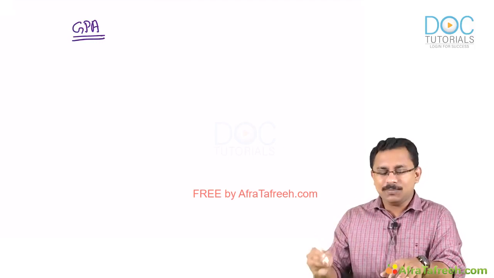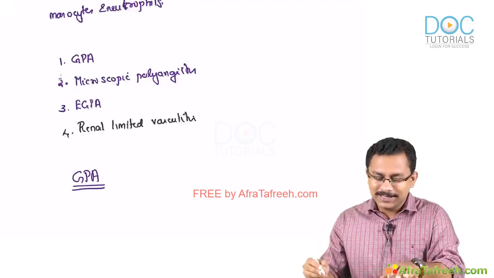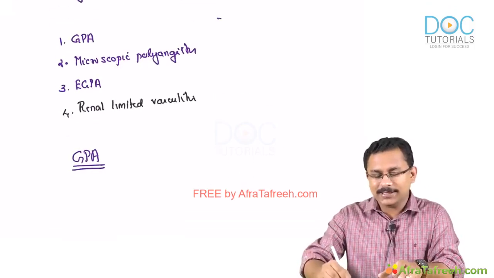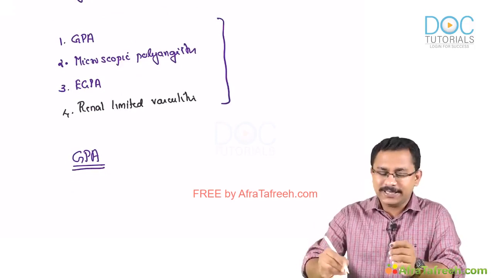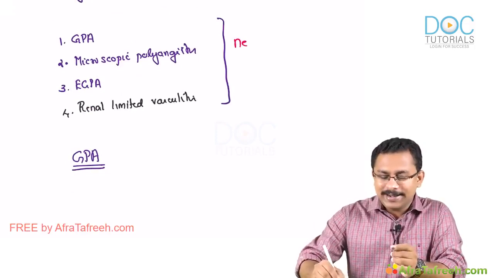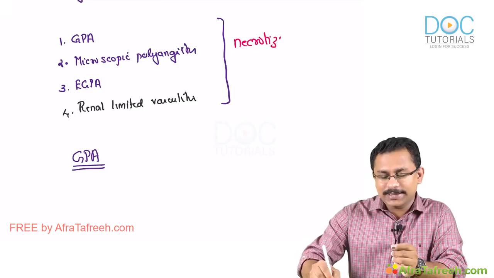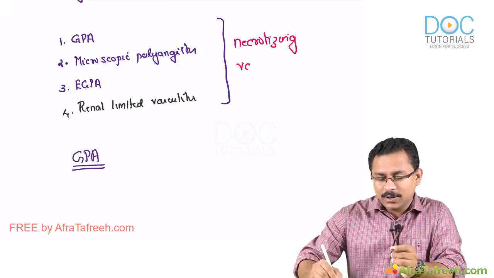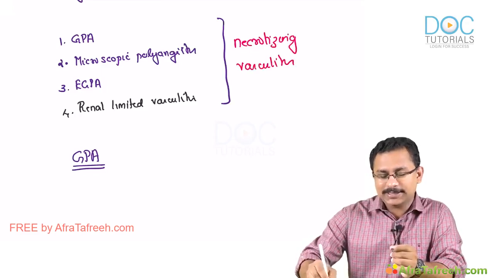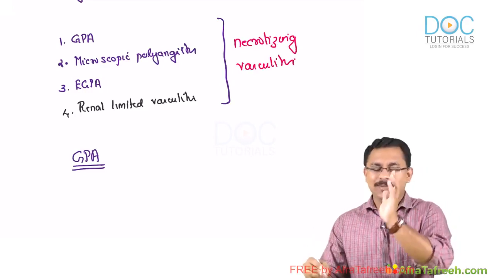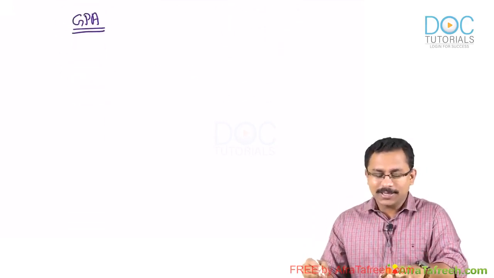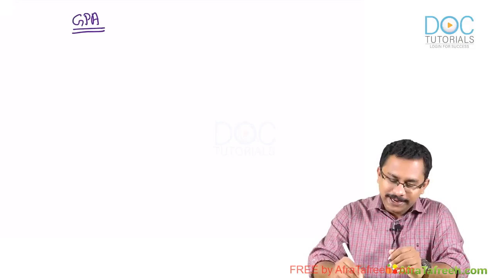And let me tell you one more point before I go into the discussion. All these vasculitis will have in common a feature, that is, they are all necrotizing vasculitis. Okay, so also keep that in mind. So coming to GPA, or what do you call that?